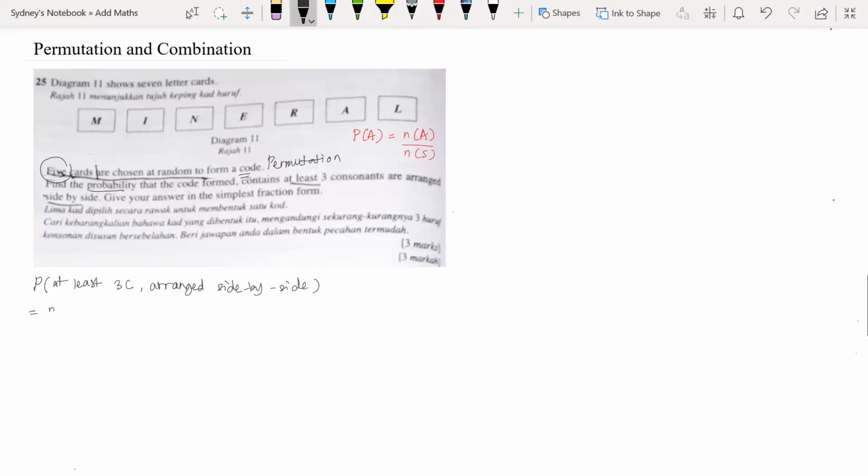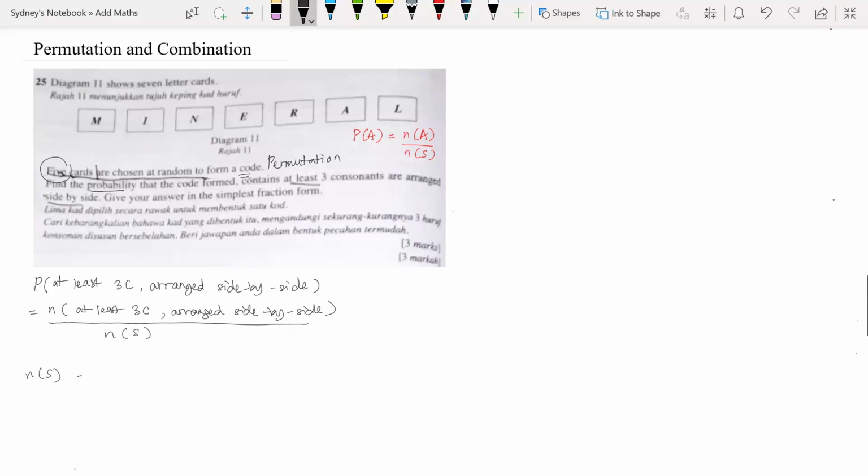We just need to find how many ways we can form the 5-letter code with at least 3 consonants arranged side by side. This is our event A, over n(S). n(S) will be all the arrangements. So we can find n(S) easily.